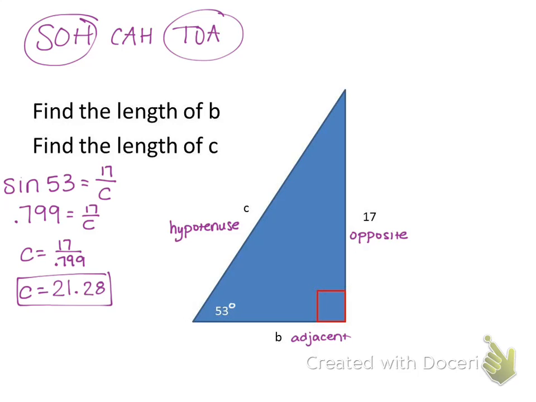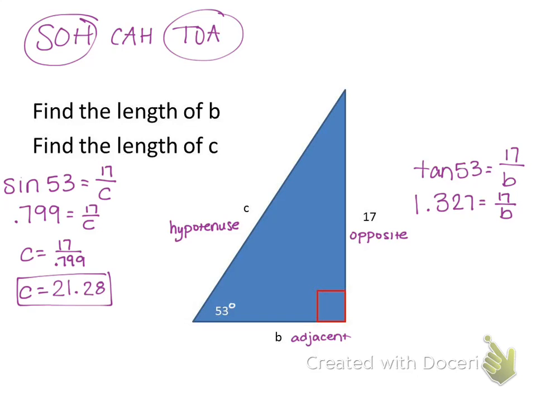Now let's find the measurement for side B. I've already used sine, so I know I'm going to use tangent. So we're going to do the tangent of what? 53 is equal to opposite, which is 17, over adjacent, which is B. Tangent of 53 is what? 1.327 equals 17 over B. Now, can I swap 1.327 with B?